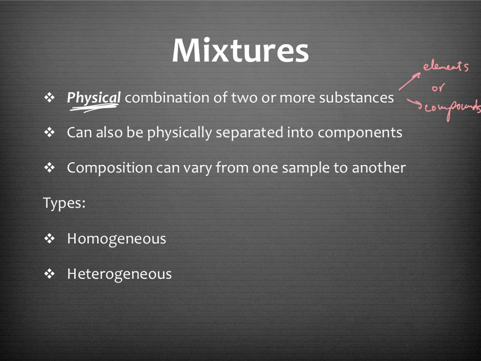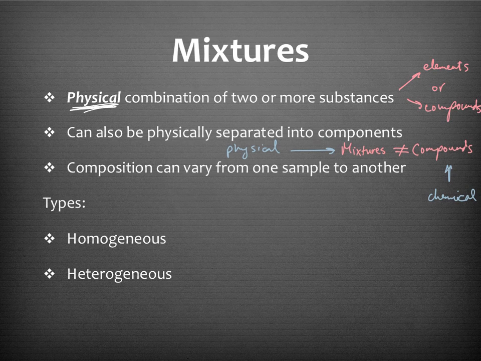So here I want to highlight that mixtures do not equal compounds. This one here is physical. This one here is chemical. So in order to break down or combine elements to make compounds, you must undergo a chemical change, a chemical reaction. Whereas mixtures, you can physically do it yourself.